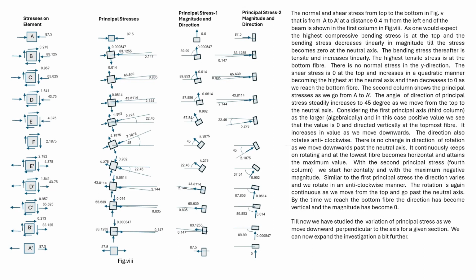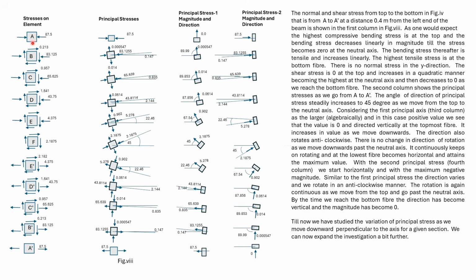We earlier mentioned that we'll find out the direction and magnitude of the principal stresses in section 1.1, moving from top to bottom. The points in section 1.1 were designated from A to A dash. In the first column, these are the elements corresponding to those points.